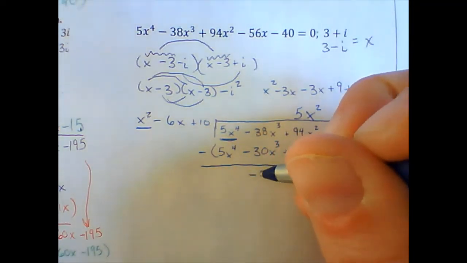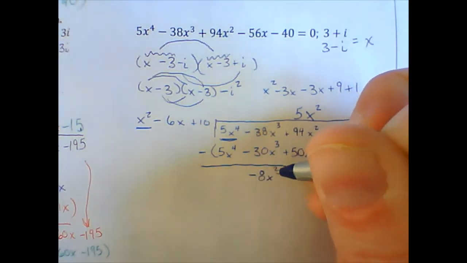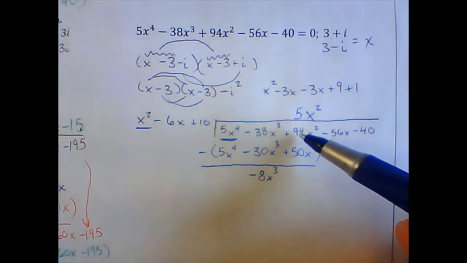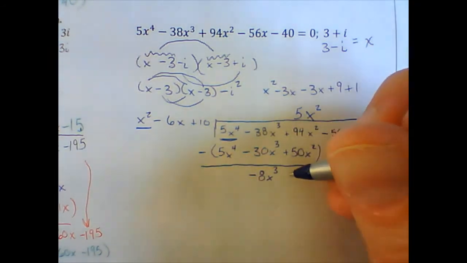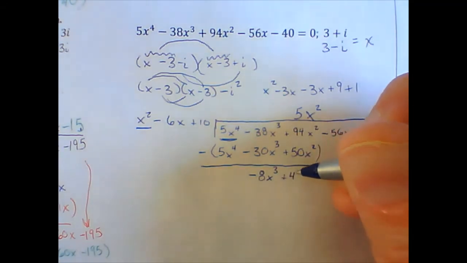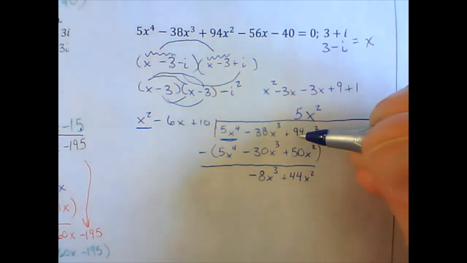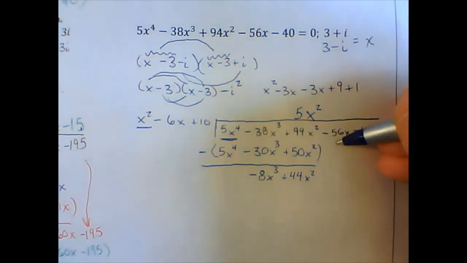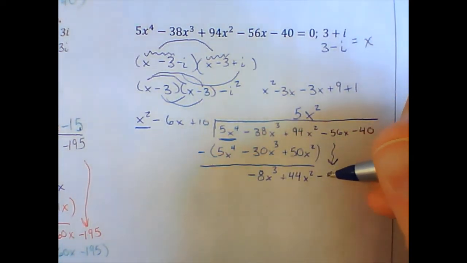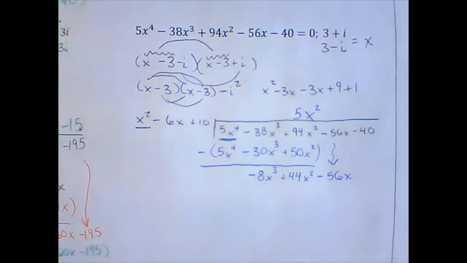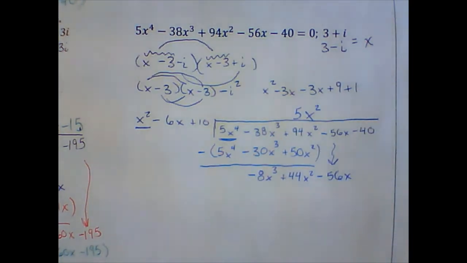When you subtract a negative, it's really positive. So it goes negative 8x cubed. 94 minus 50 is a positive 44x squared. Okay, 94 is bigger, so the 44 is positive, and then we're going to bring down the negative 56x. So we have three terms to match the trinomial that we're dividing.